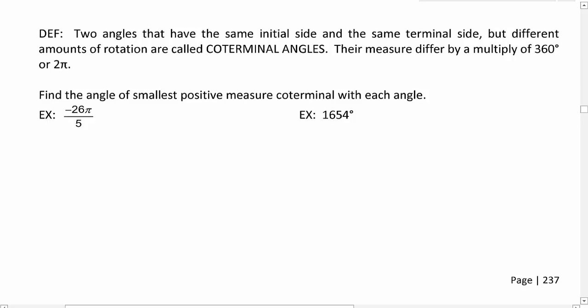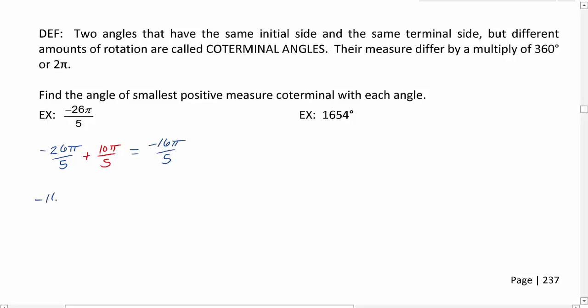And since this is radian measure, we're going to be adding 2 pi over and over again. So 2 pi with a common denominator of 5 is 10 pi over 5. And when we add that, we're at negative 16 pi over 5.